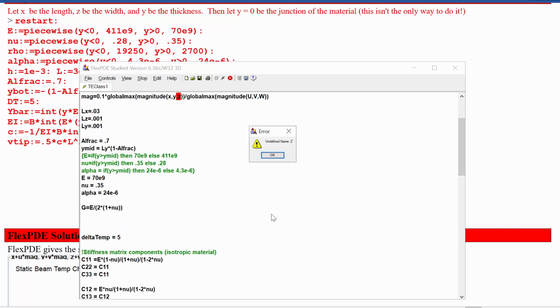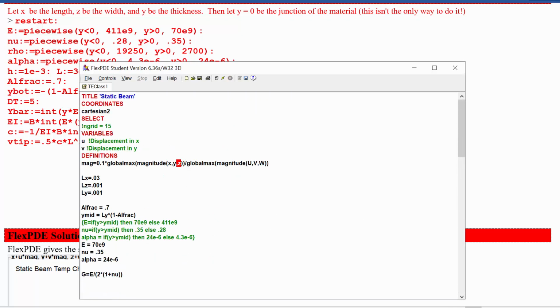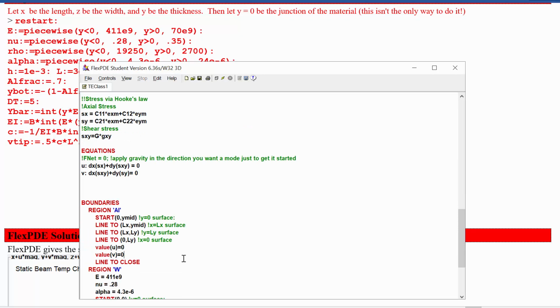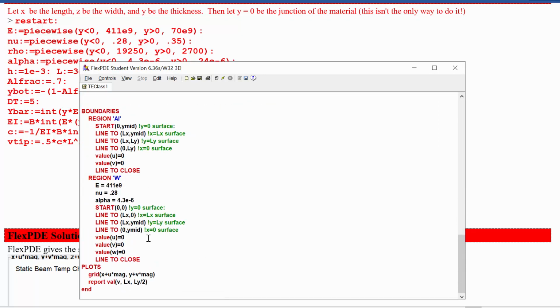Looks good. Let's check. Oh, we still have a Z here in this global max. Let's get rid of that one. I eliminated a bracket I didn't want to. Okay, there we go. Don't need to specify what W is on the boundary either.